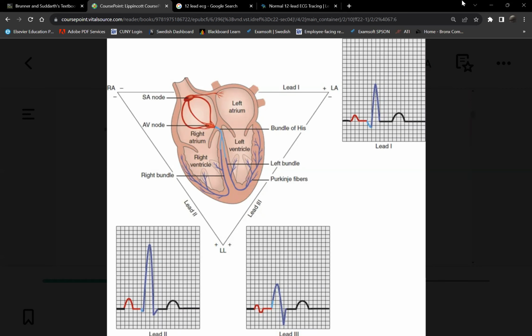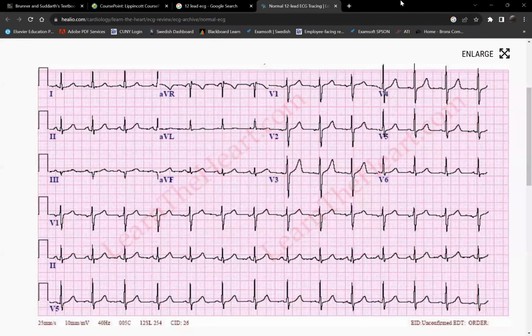However, lead 1 is looking at it from the top. So therefore, lead 1 will have a different view from where it's looking from. So is lead 3. And then same thing for leads 4, 5, and 6. So when we go here, that's why this is lead 1.